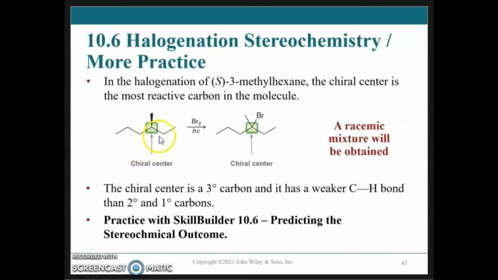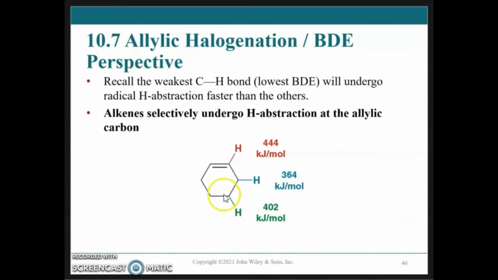As I was saying, the free radical stabilization trends follow the same trends that we learned when we were looking at the carbocation. Our secondary position is a much weaker bond, so this is where the reaction will take place. If we look at the allylic position, the same sort of trends are observed.